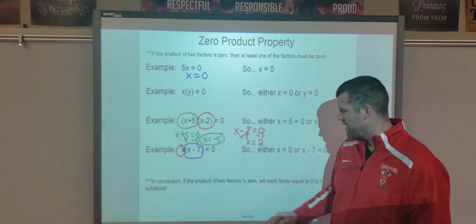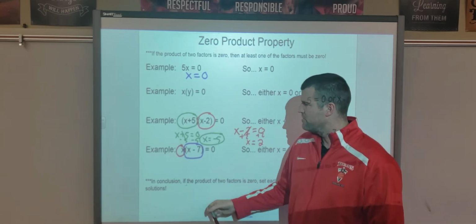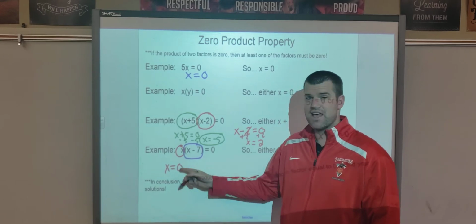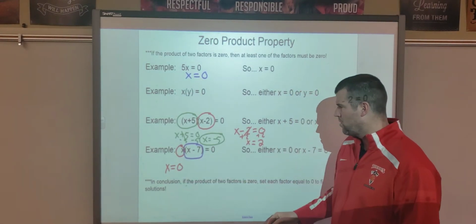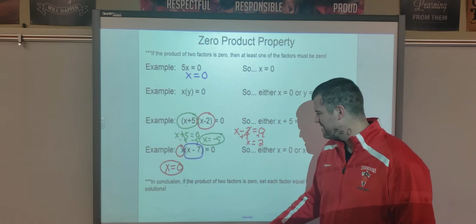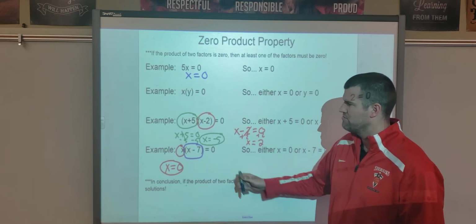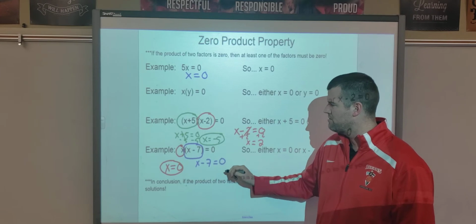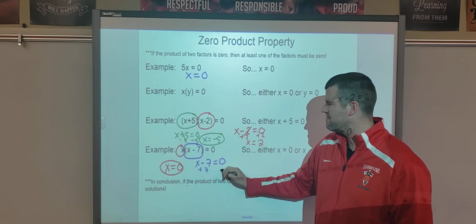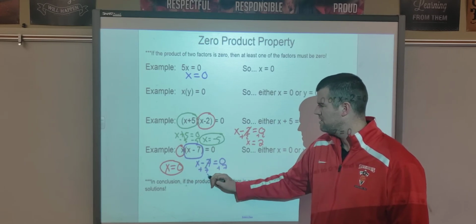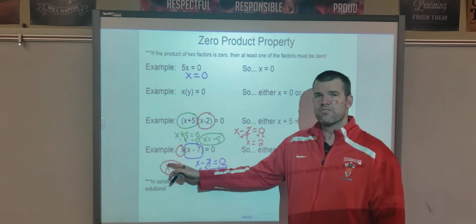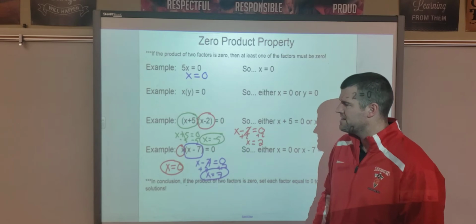If they multiply to 0, I either know that this first factor is equal to 0, so x equals 0, or I know that my second factor is equal to 0. So x minus 7 equals 0, which means x would have to equal 7. So I know that either of those answers would be a solution to this equation.